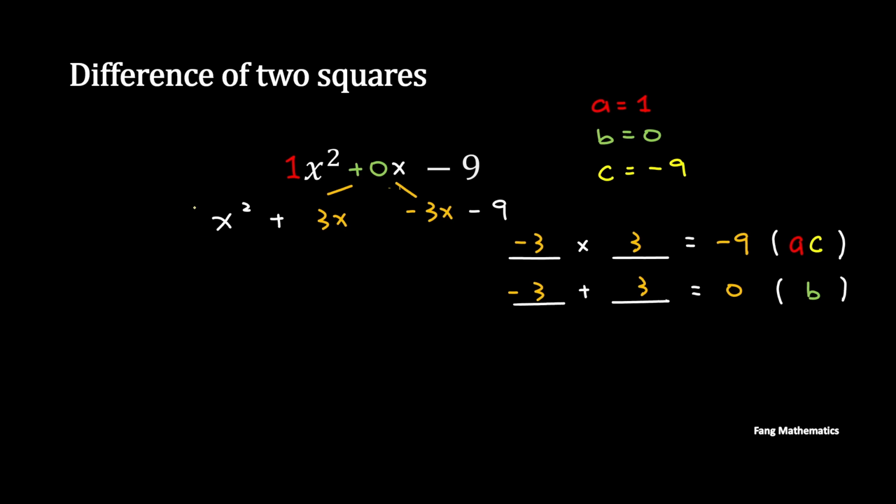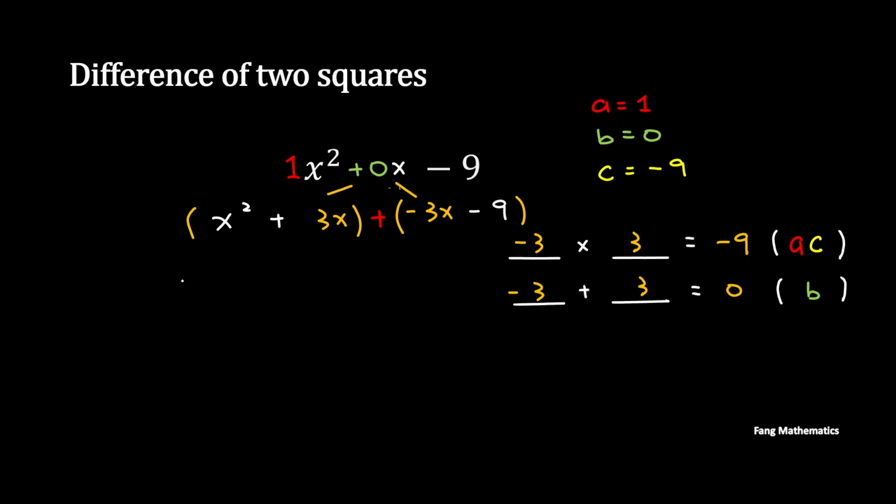We are to apply the grouping technique, that is to group two terms in a pair. We are to include the minus sign in the second parenthesis and put a plus sign in between the two parentheses we have.